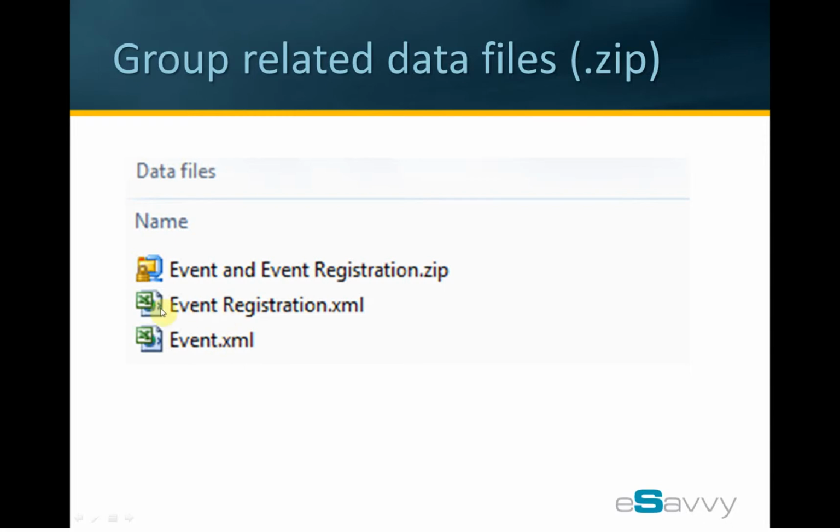We will now group these files or related records into a single zip compressed file, so that the data import wizard can process this one single file and understand that it contains multiple files for a single import with data interrelated to each other.